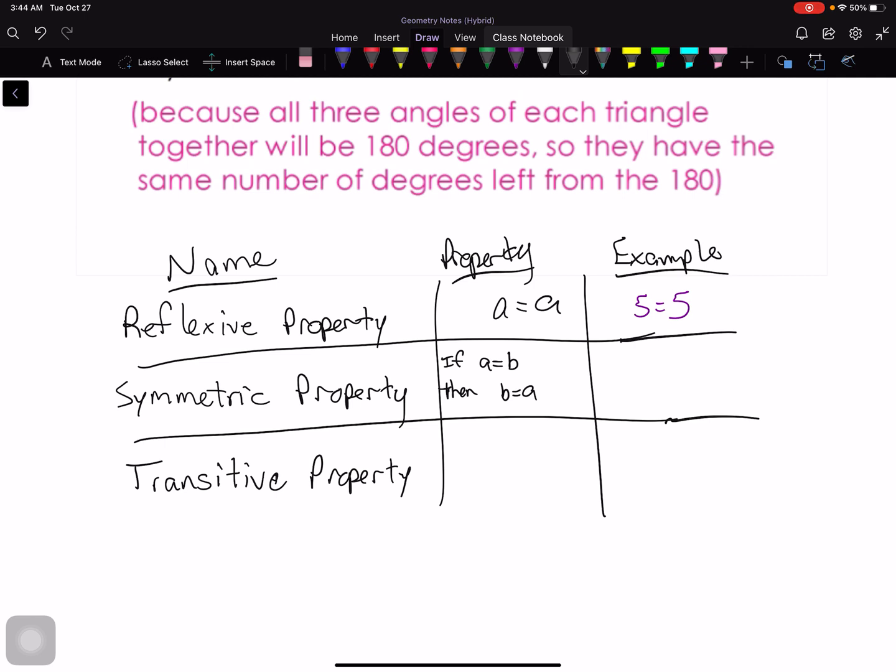And then the transitive property, I'm not going to give a numerical example. This will all make more sense, like I said, when we get into proofs. The transitive property says that if A equals B and B equals C, then we can jump from A to C. We can say that A equals C.